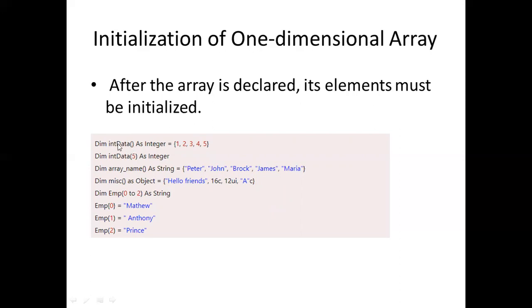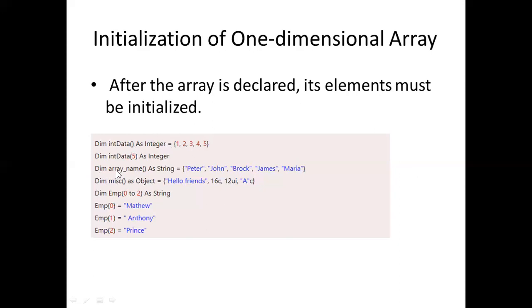So that means this represents an array of integers. You didn't include how many subscripts, because they are already shown here that you are going to use 1, 2, 3, 4, 5. So you can do this way of initialization. Remember, this equal sign means you are initializing. You are storing a number there.